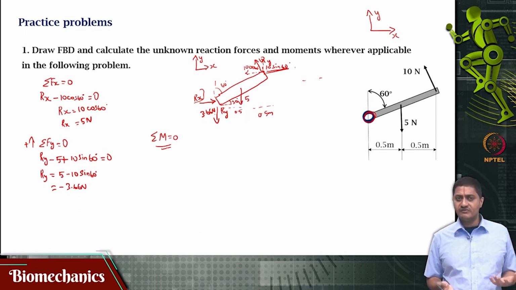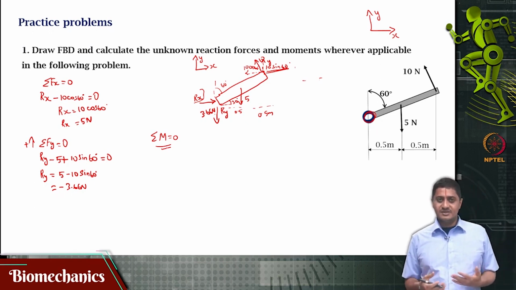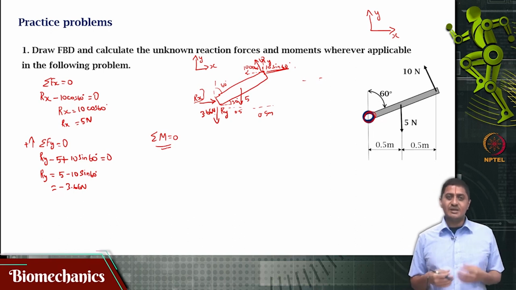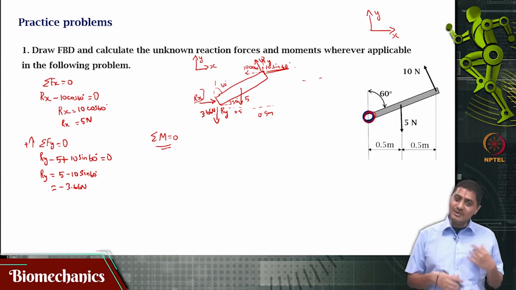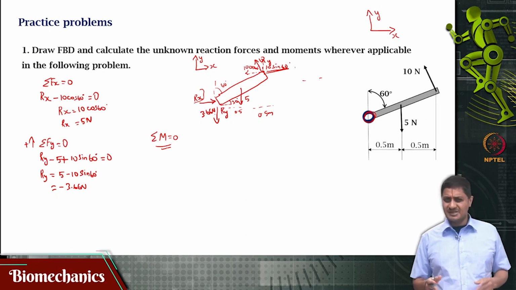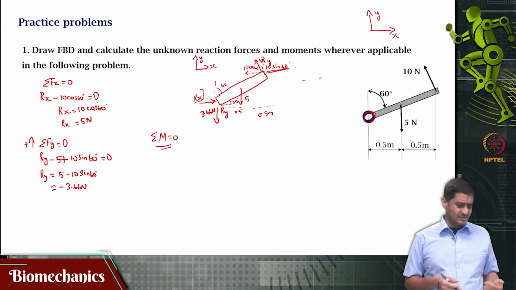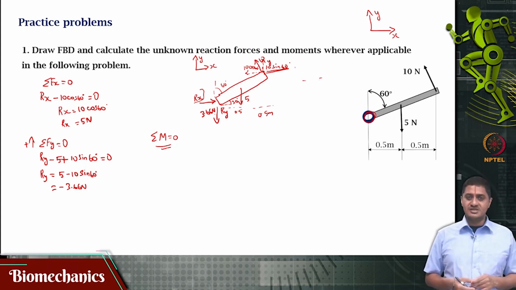You do not have to have 3 equations of equilibrium to solve 2 unknowns. You need at least as many equations as the number of unknowns. Even if they are simultaneous, you can solve them simultaneously. In this case, they will not be simultaneous because x and y are always orthogonal and it will be simple. So, you do not always have to do the 3 equations of static equilibrium. Sometimes this may not be required.